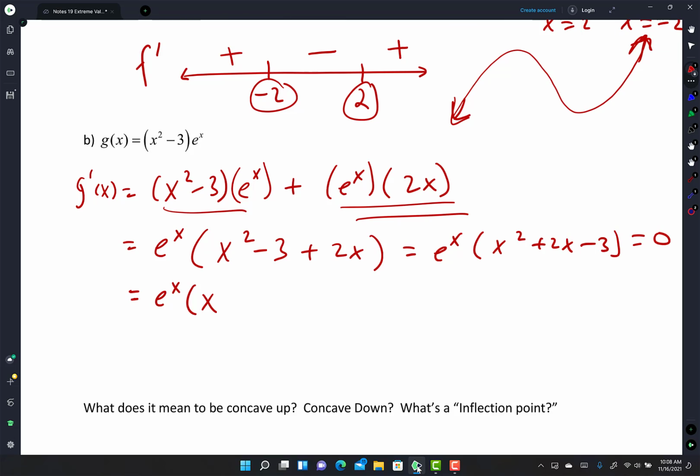It has a limit of 0 as x approaches negative infinity, but e to the x will never equal 0. The domain is all reals; the range is all values larger than 0. This one here, guys, is going to be (x plus 3)(x minus 1). I think we're okay.